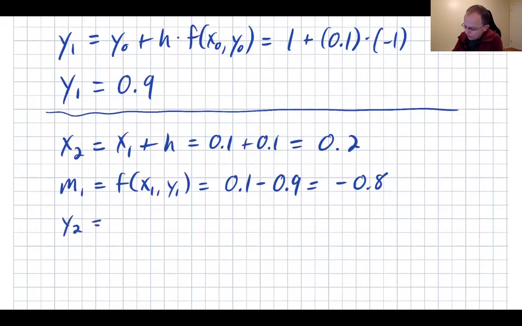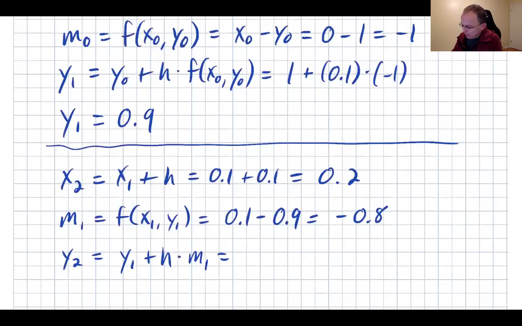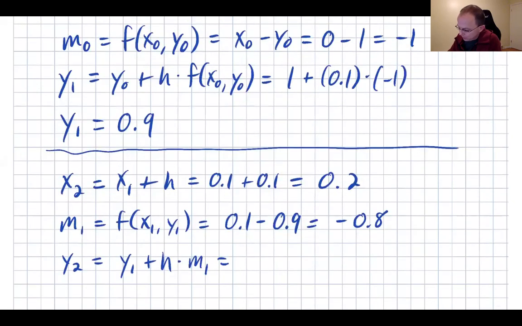And y2 is equal to y1 plus h times, maybe I'll just call this m1 to make things a bit easier. I'll do the same up here as well, so we don't have to write so much.